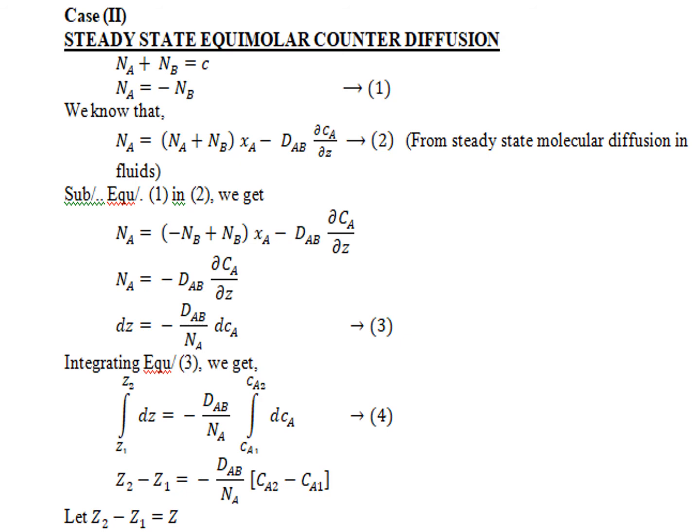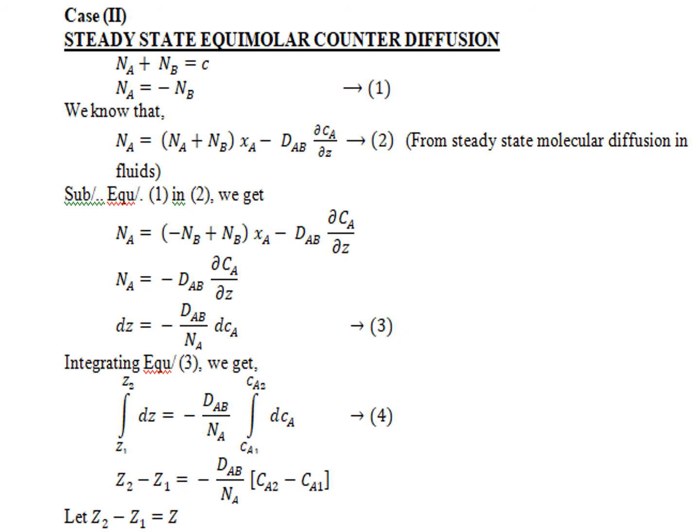Whereas unequimolar counter diffusion is when the mass transfer rates of the two components are unequal and opposite. This is called unequimolar or unequimolecular counter diffusion.